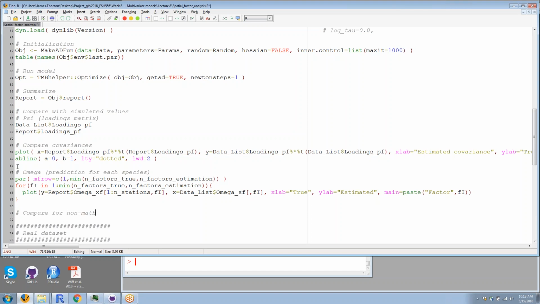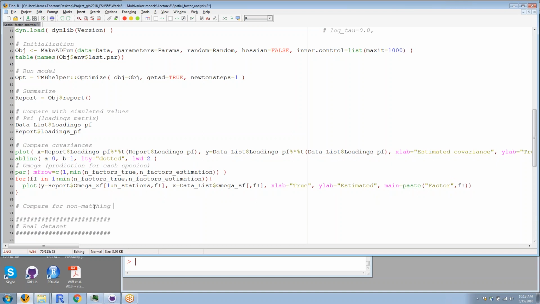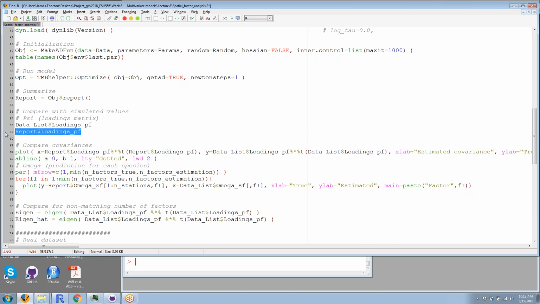for a non-matching number of factors, you should just do the eigen decomposition. So I'll end with this.